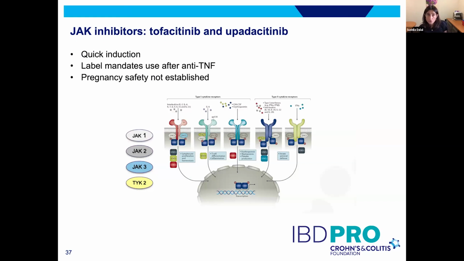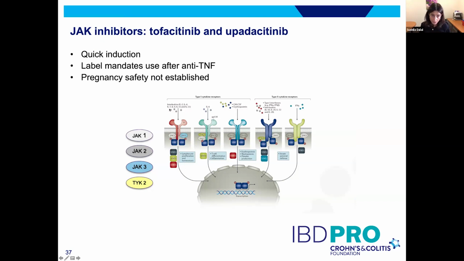So JAK inhibitors first, we're talking about tofacitinib and upadacitinib. So what is JAK? JAK is Janus kinase. The Janus kinase enzymes, there's JAK1, 2, and 3, and then there's TYK2, tyrosine kinase 2. These are signaling molecules, and you can see that they're up here. Here's the receptor for many different cytokines, right?